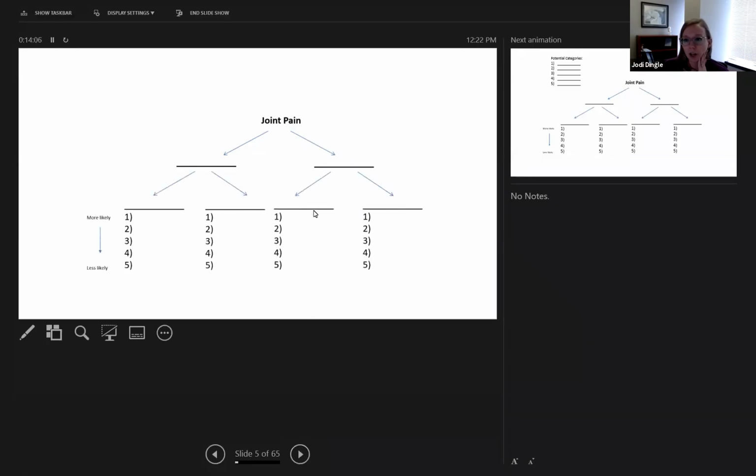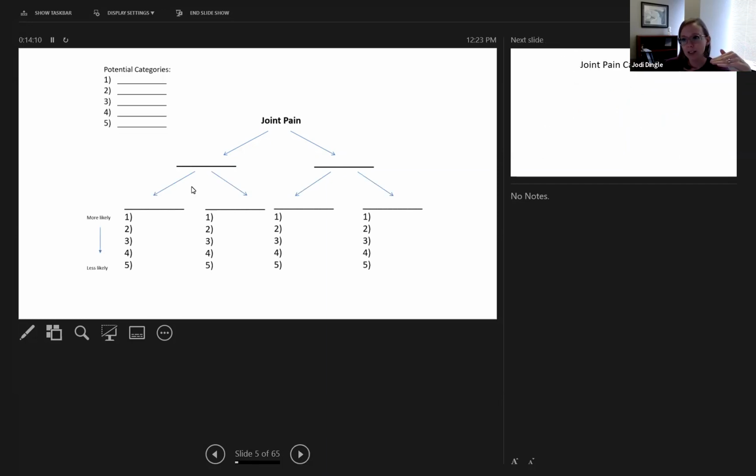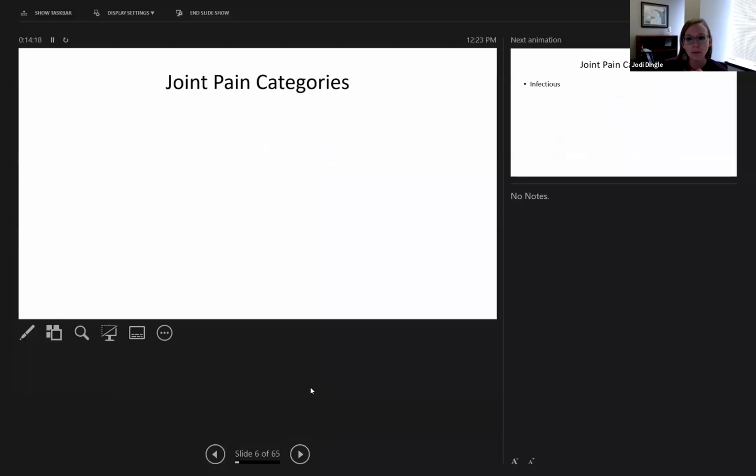We're going to go through and talk about some categories that are more or less likely for each of these different branch points. When I'm thinking about categories, what I mean is kind of broad. In that top left list of things, these are going to be your options when we're going through the different parts of this tree.